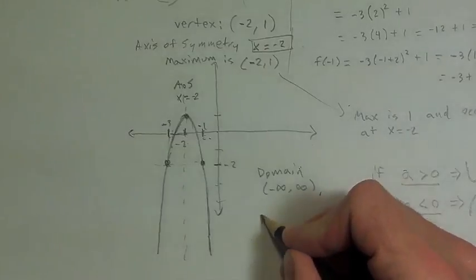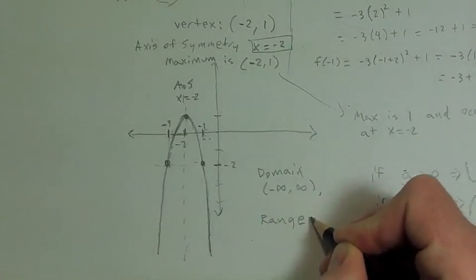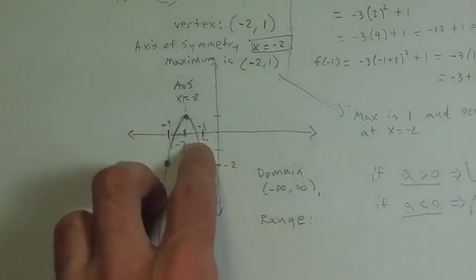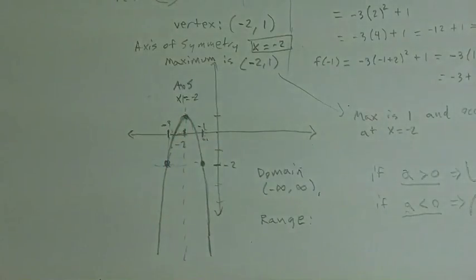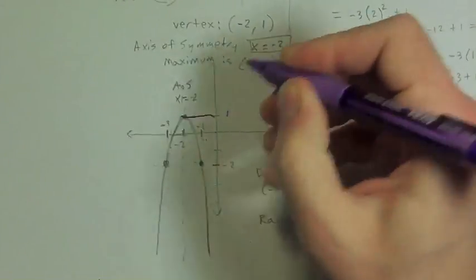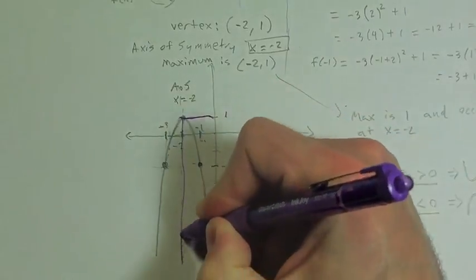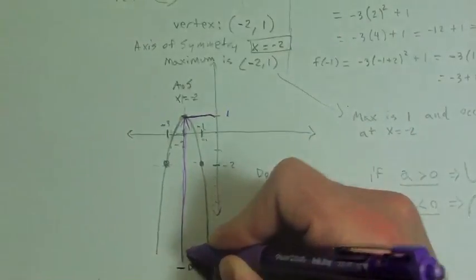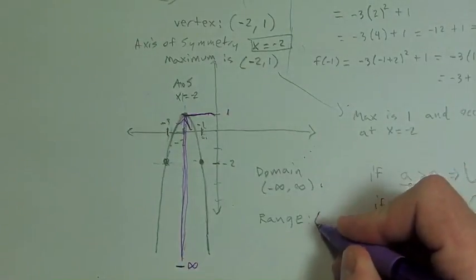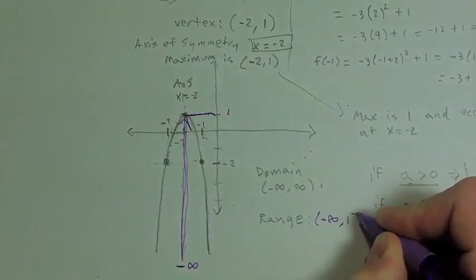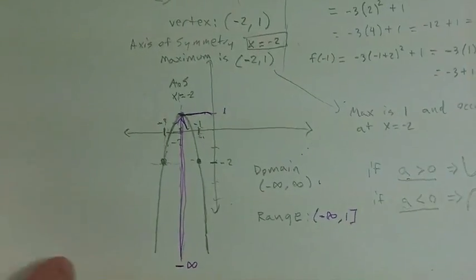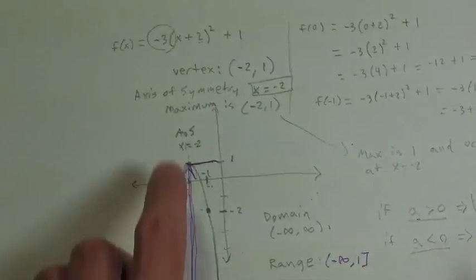The range, though, we go to our vertex, and it's always the y of our vertex, in this case 1, and since we're opening downwards, we're going from -infinity up to 1. So the range is -infinity to 1. So that's a lot of information we get just from this form here.